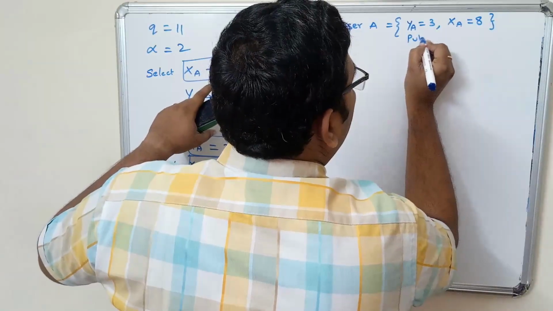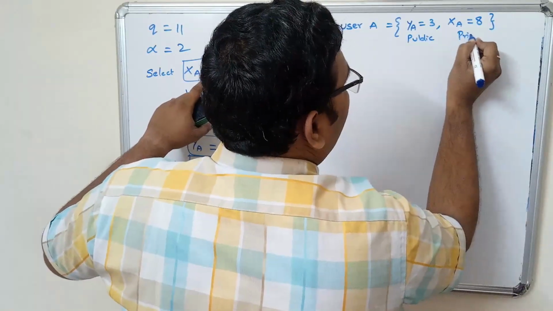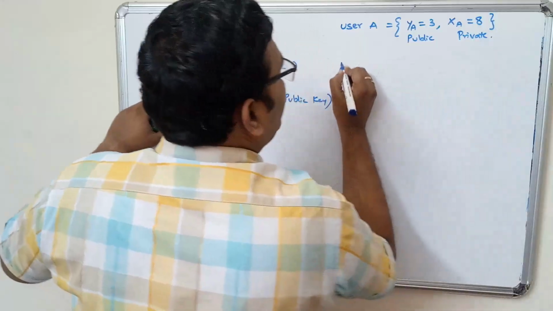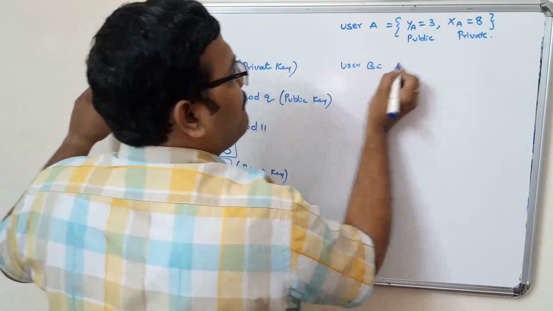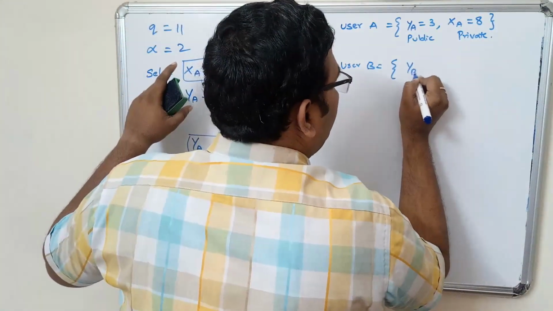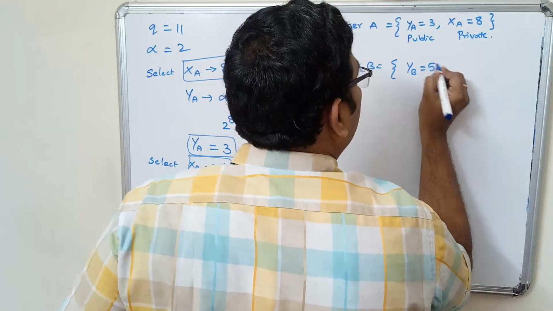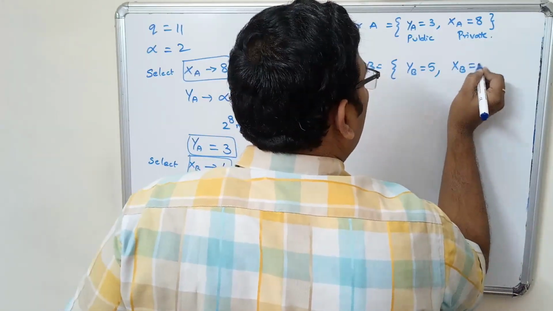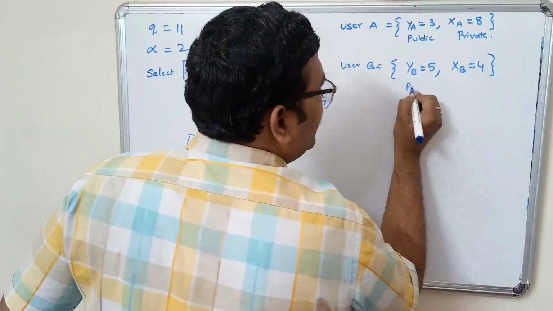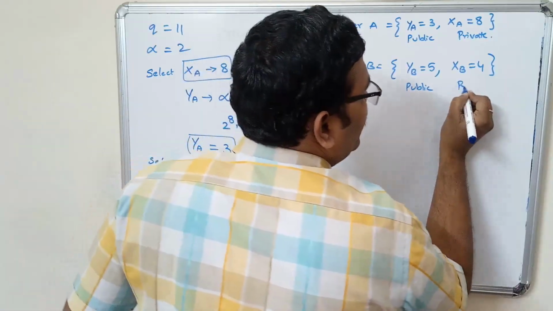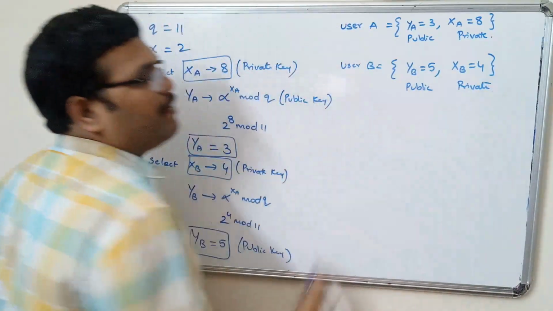This is the public, this is the private. Next, user B: YB is equal to 5, XB is equal to 4. Here it is public, here it is private.